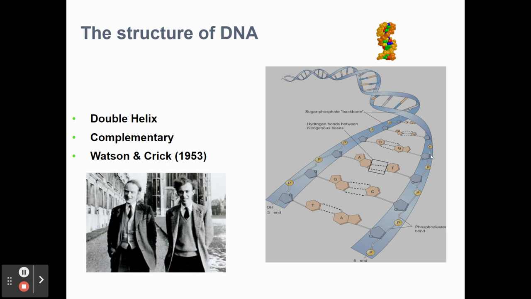Okay, so the structure of DNA, the discovery, we'll dive into that in Unit 6, was a long-running story. It took a long time to figure out the structure of DNA. DNA was first discovered back in the late 1800s.